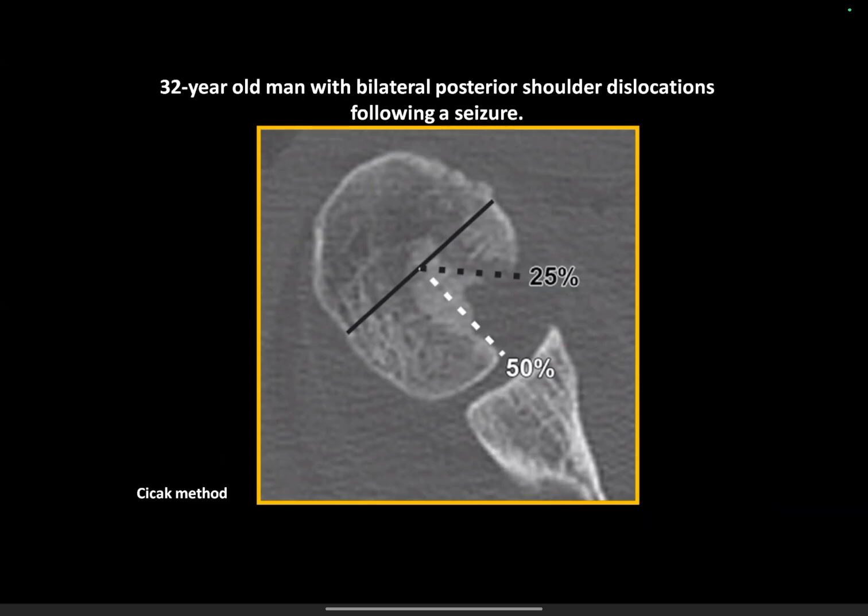One of the nice and fun ways to roughly evaluate the amount of bony loss is the clock face method. On the axial cut on the CT scan, you draw a line that runs through the middle of the humeral head from anterior to posterior. You draw another line perpendicular to the articular surface, which makes 50% of the articular surface.